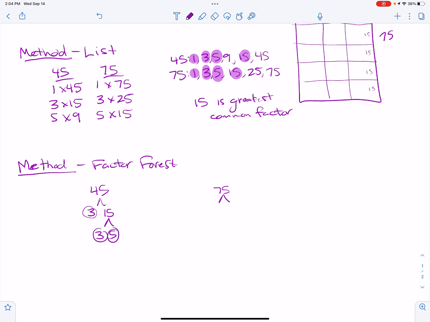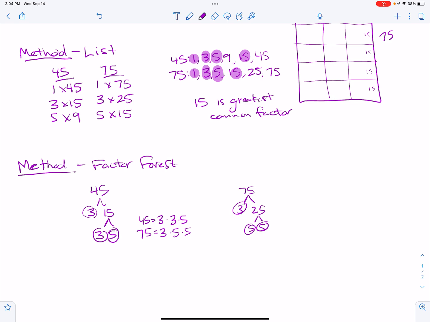So if we write out our prime factorization, 45 equals 3 times 3 times 5. And then we'll do the same thing with 75. 3 times 25, 5 times 5, all prime. So 75 equals 3 times 5 times 5.